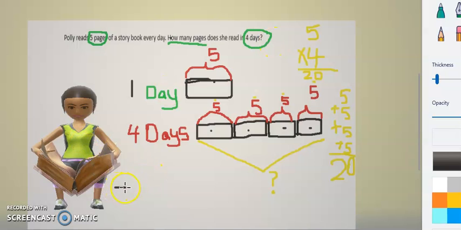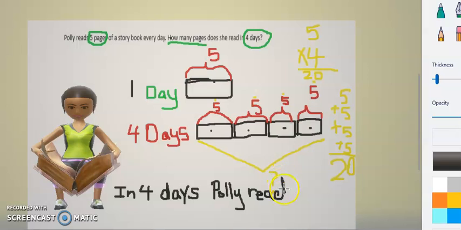I could put in, 4 days, Polly reads, capital P because Polly is a proper noun. Polly reads, takes a little while to write on this, right?